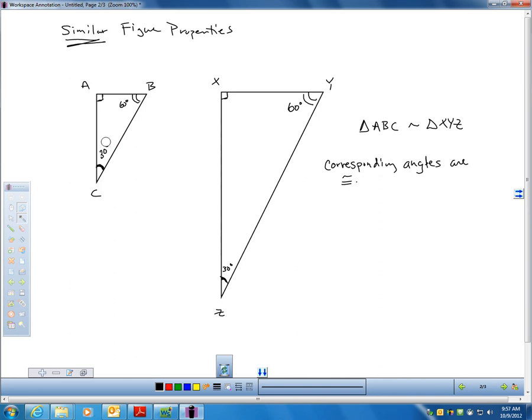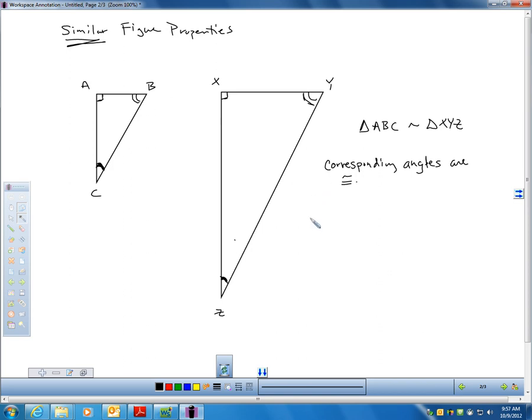Now, I don't know if this is 30, and I don't know if this is 60, so I'm just going to use symbols. When you see a single arc, that means that this measure and this measure are the same. They both have a single arc. Here I have a double arc. A double arc means that whatever angle measure Y is, B would be the same. So again, similar figures have congruent corresponding angles.